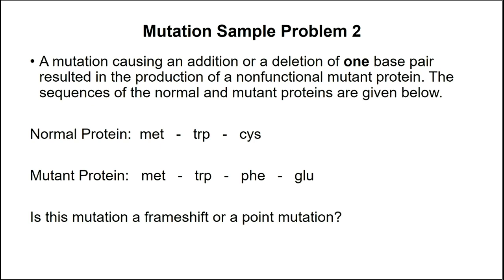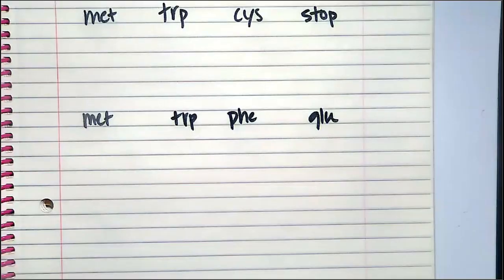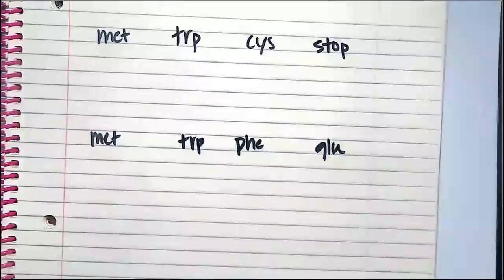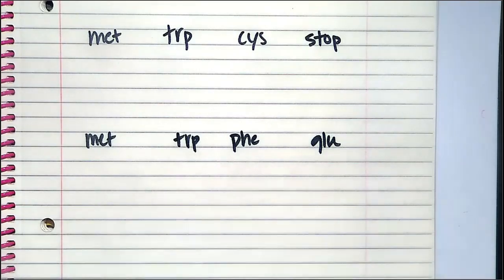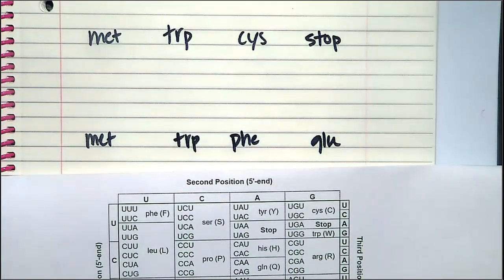Right, so then in our mutant protein we have methionine, trp, phenylalanine, and glutamate. So the next step is we need to write out the codons that can be used to create these amino acids.